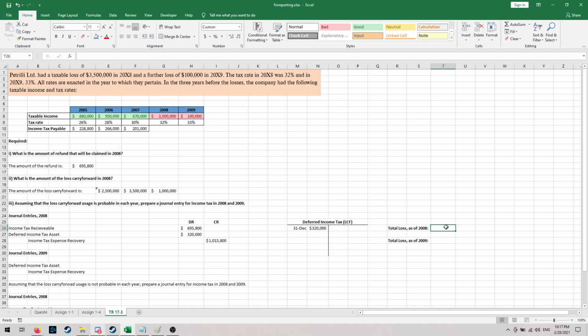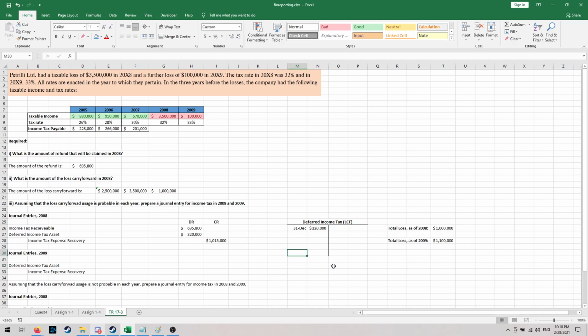And our total loss as of 2008, the amount of loss we had to carry forward, was $1 million. Our total loss as of 2009 is a little bit more than that because we lost another $100,000. So our total loss as of 2009 is equal to $1 million plus the new loss, in this case $100,000. So the total loss we're carrying forward as of 2009 is 1.1 million.